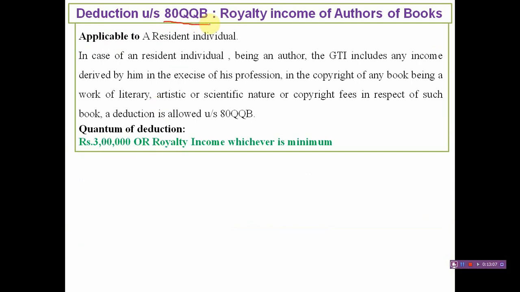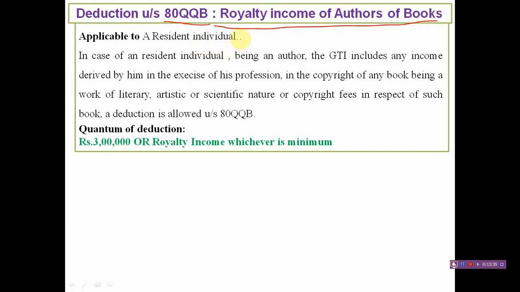And the next one is deduction under section 80QQB. Till now we discussed deductions that are all in respect of payments, donations or savings. This deduction is for the income of the assessee, that is royalty income of authors of books.